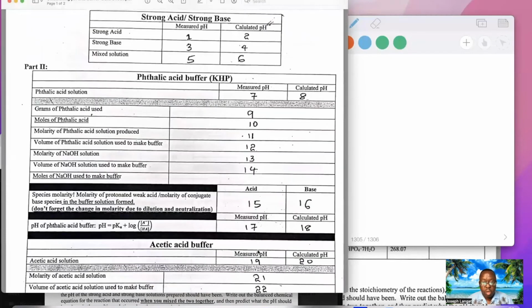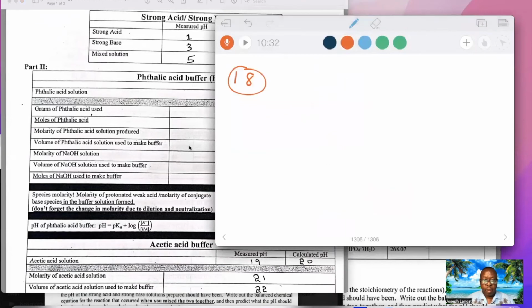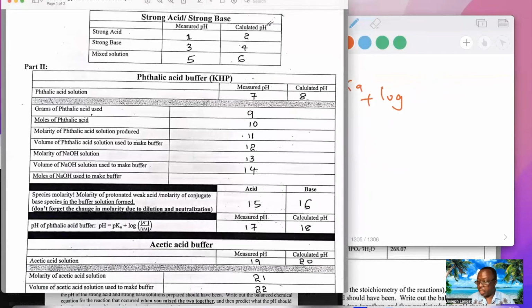Of course, for line 17 you had to use the pH meter, but for line 18, how will you do that? We use the Henderson-Hasselbalch equation, pH equals pKa plus log of, I will use lines here. Let me see, the base here is line 16.